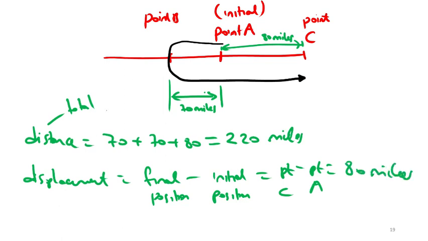This is what we call displacement. And with these cases in mind, because it will affect how we define velocity, these are just definitions, defined by someone as a definition. So these will affect how we define the velocity and speed.